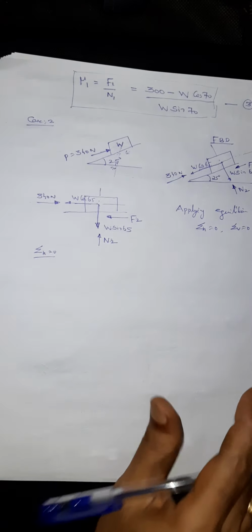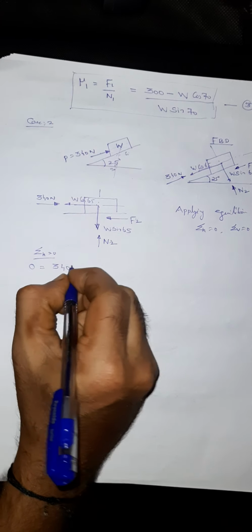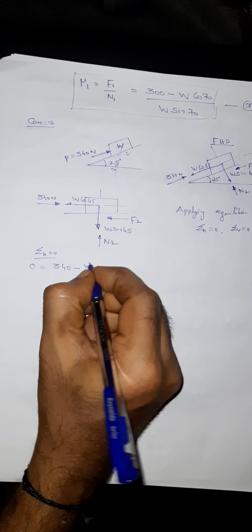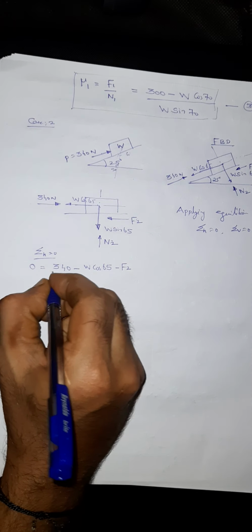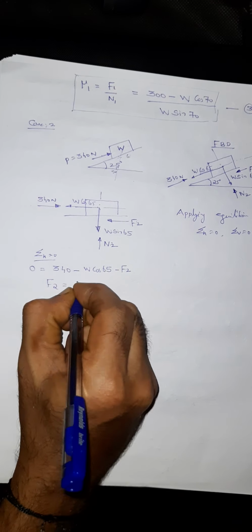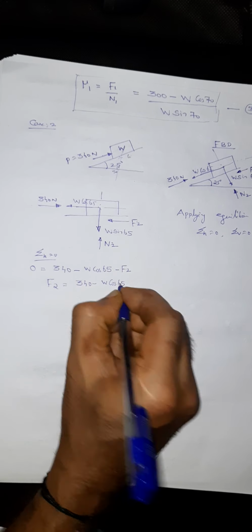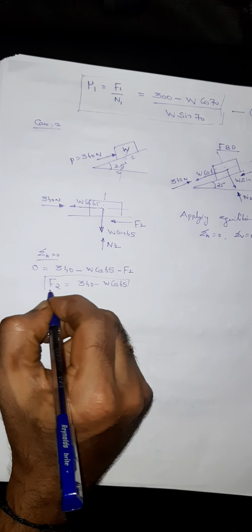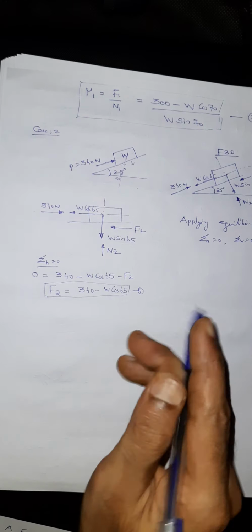Summation H is equal to 0, 0 equal to 340, which is in the positive x direction, and the weight component is in the negative direction, and F2 is also in the negative direction. So F2 can be written as 340 minus W cos 65. Consider this equation number 4, because we already mentioned 3.